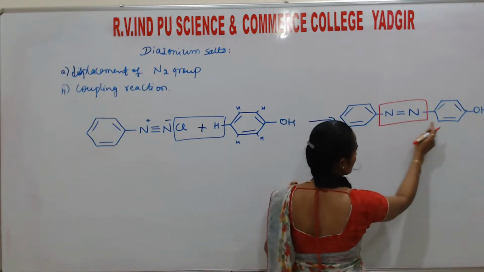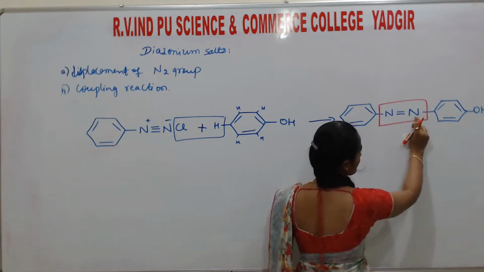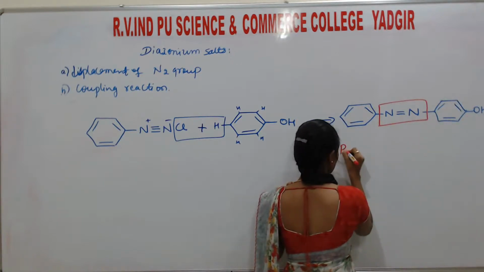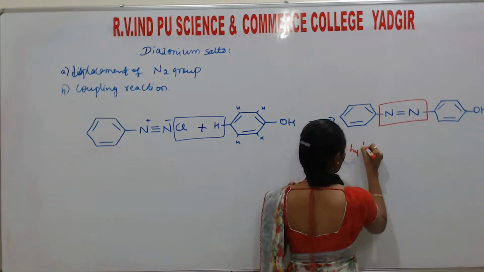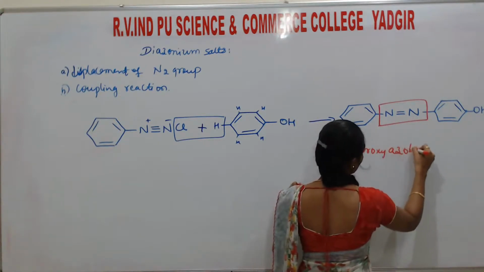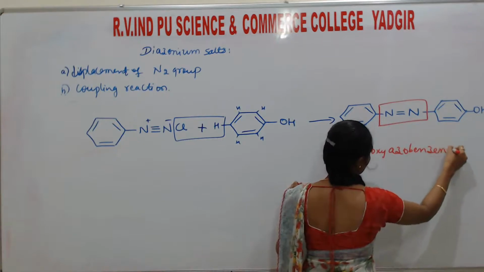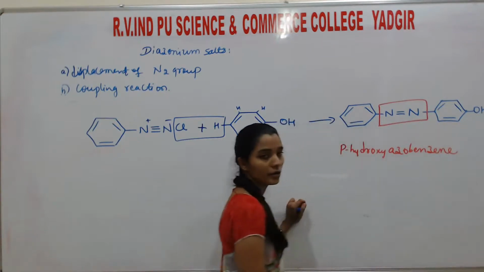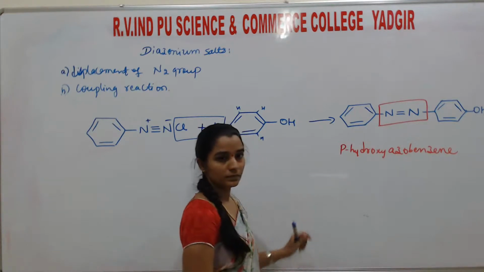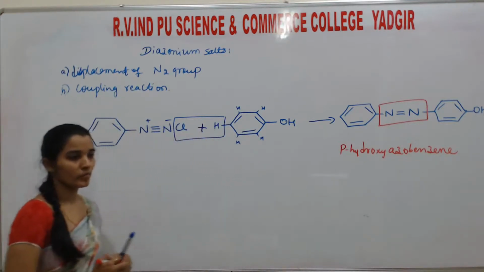The compound name, students, so listen, this is the nitrogen, means this is ortho, meta, para. So this is para hydroxy azobenzene. Para hydroxy azobenzene. Understand?